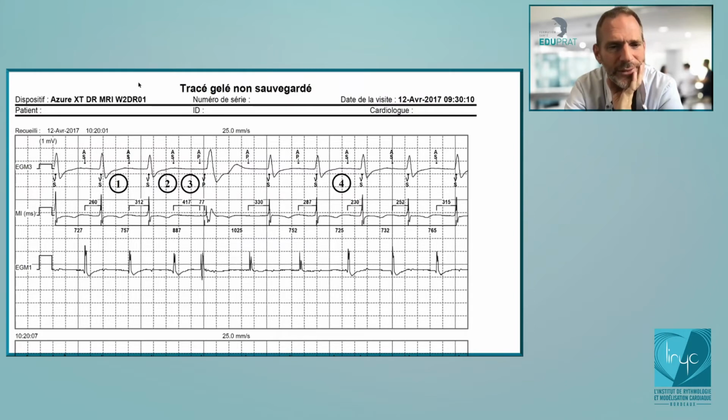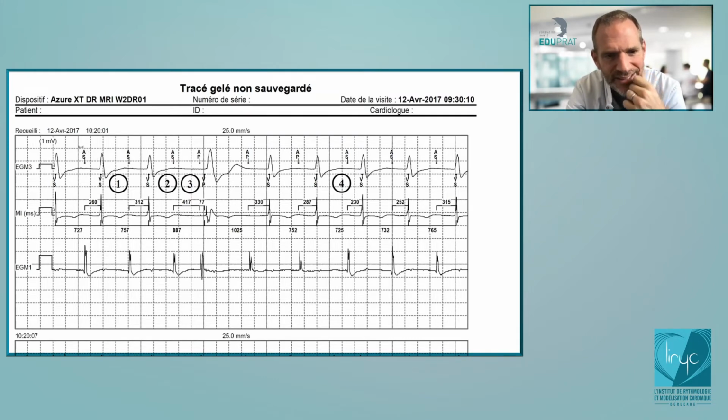If you look at this tracing, you see a patient with ASVS, ASVS, ASVS. Then you have a P wave here, AS, correctly detected. But after a certain duration, there is no R wave, no VS. So how does it work now?